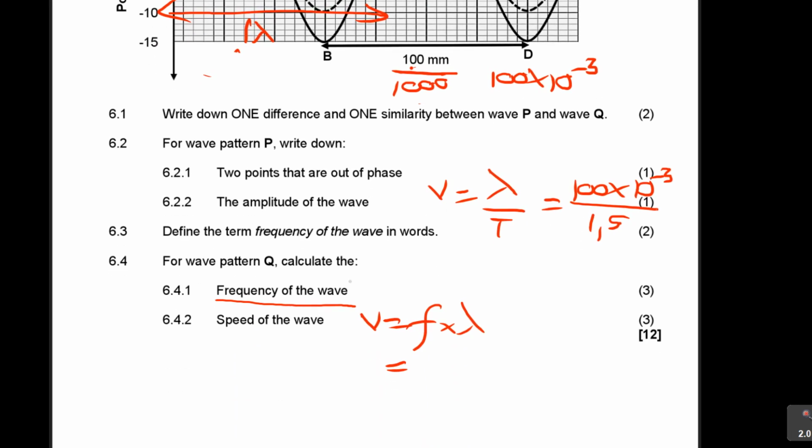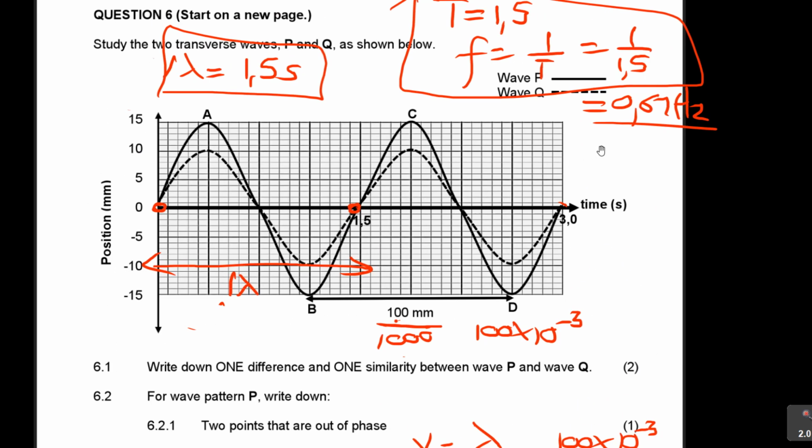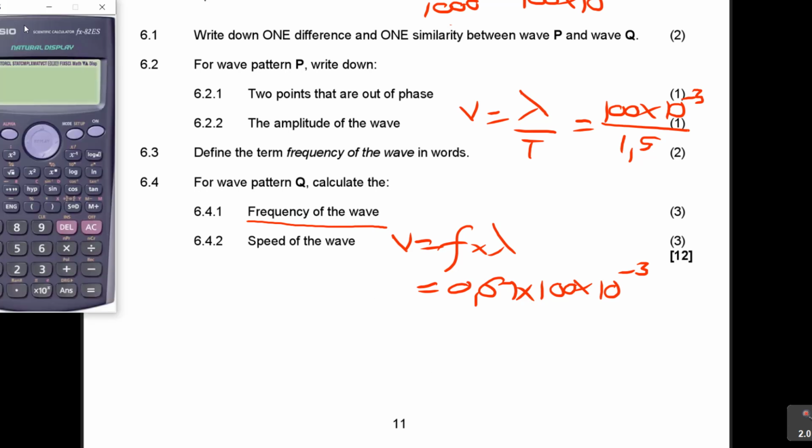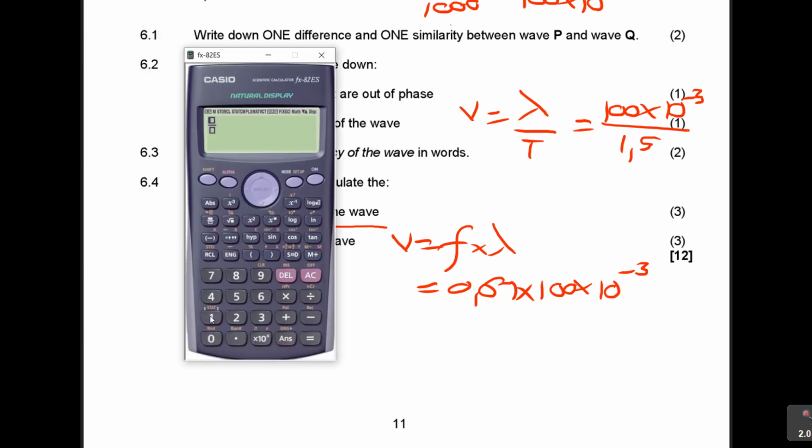Or we can say frequency times wavelength, which we got here as 0,67, times the wavelength, which is 100 times 10 to the power negative 3. Using these, we will still get the same answer. Let's check. The first one, 100 times 10 to the power negative 3 over 1,5, gives us velocity as 0,067.